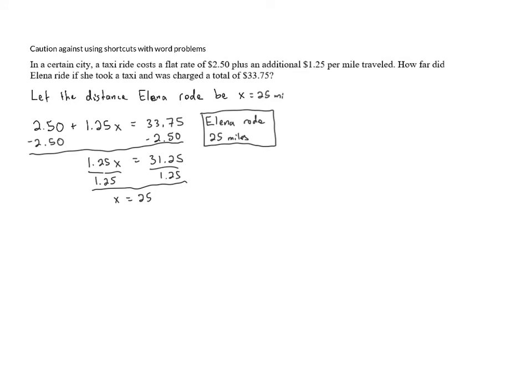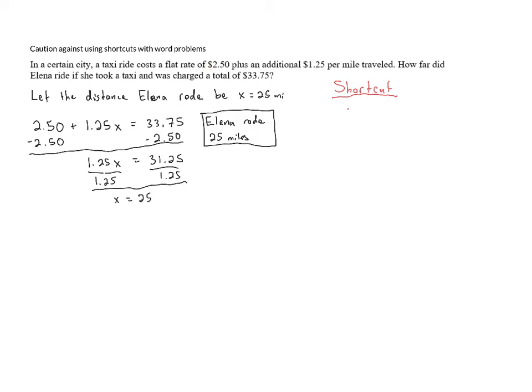Now, there are some students I've noticed in the discussions who are using a particular shortcut. These students have decided that they don't want to write out let statements, they don't want to use variables and equations, they want to just use their knowledge of the situation to figure out what's going on. And so these students are saying, well, it was $33.75, and there was that flat rate of $2.50.